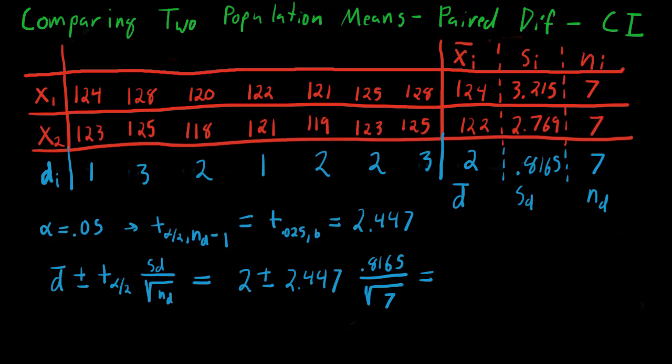So we calculate that to be 2 plus or minus 2.447 times 0.3086, which gives us a complete confidence interval of 2 plus or minus 0.7552.